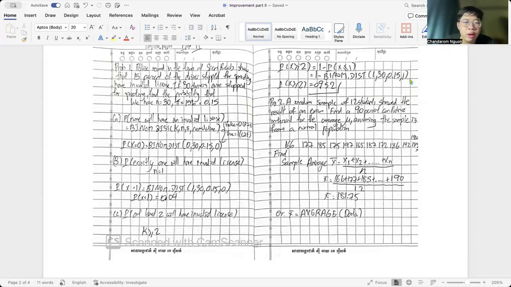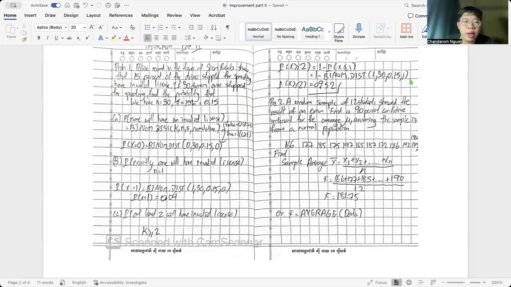One is false or PDF. We use 0 if it's false, and 1 if it's true or CDF. As you can see in the answer I provided, P(X = 0) = BINOM.DIST(0, 30, 0.15, 0), and the answer is 0.008.